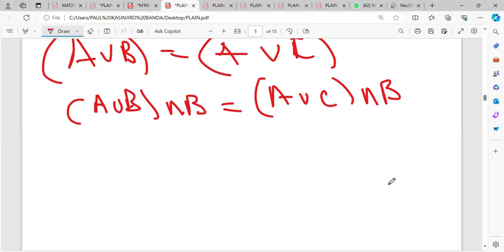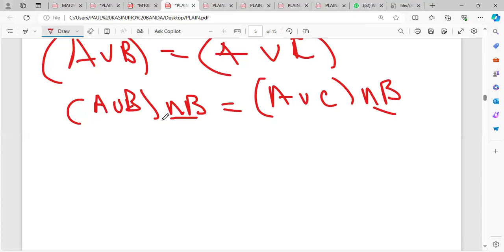Okay, so from here, what do I want to achieve? I want to make B the subject of the formula, right? So what am I going to do to make B the subject of the formula? Here I'm going to use the distributive laws to distribute intersection B into this and into that.